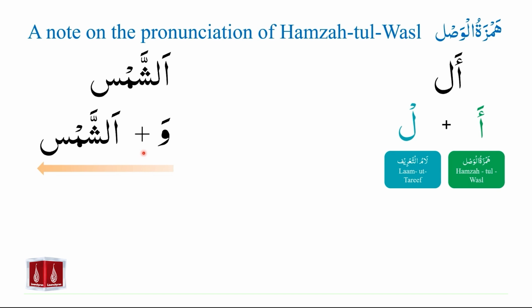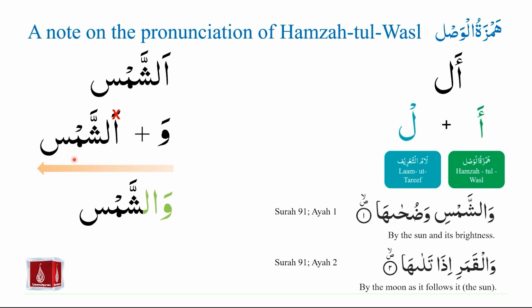So to fix that, we will once again look at Hamzatul Wasl. We will remove the harakat on Hamzatul Wasl, and we are going to be left with an alif, but our pronunciation will become Wash-Shams. Saying Wash-Shams is much more fluent as compared to saying Wa Ash-Shams.